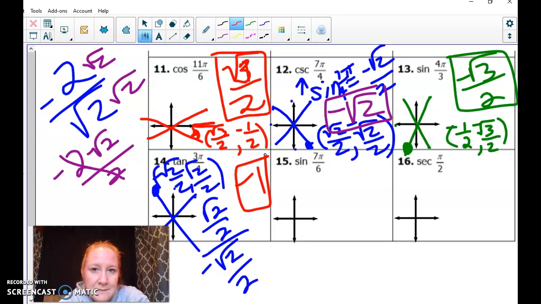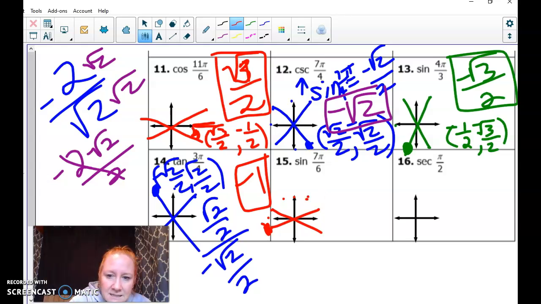7 pi over 6. Pi over 6's are like the low ones. So those are like the low to the ground ones, so they're wide and short. 7 pi over 6. 1 pi over 6, 2 pi over 6, 3 pi over 6, 4 pi over 6, 5 pi over 6, 6 pi over 6, 7 pi over 6. Sometimes people get concerned. They're like, you skip things in the pi over 6's.